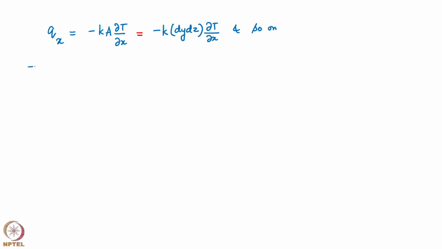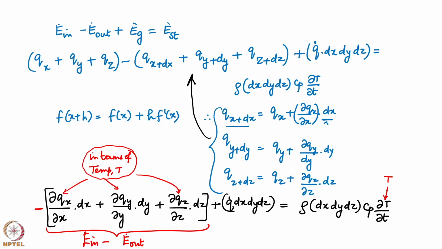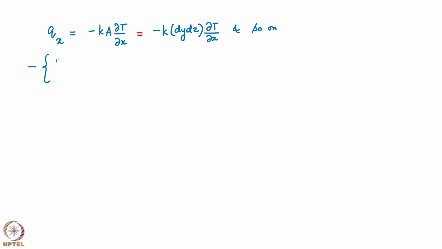So, my E dot in minus E dot out therefore becomes minus of, what was it written? We had dq x by dx into delta x. Instead of q x, I am going to substitute Fourier's law. So, minus of d by dx of minus k dy dz dT by dx into delta x. This is for the x direction.